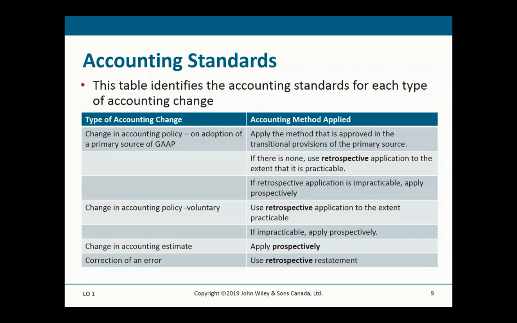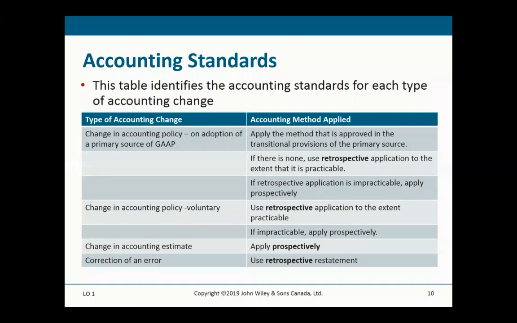Okay, so when we look at changes in accounting estimate, those are applied prospectively. So in the current period and going forward, the change in our useful lives of our assets, the residual values, bad debts expense, warranty expense, all of those sorts of things that I used as examples, we have already been doing that where we say we will update for the newest information we have and treat it for the current period and going forward.